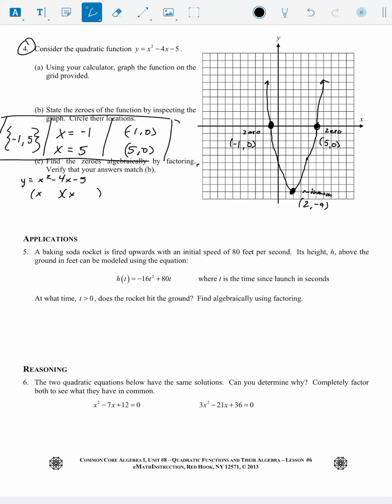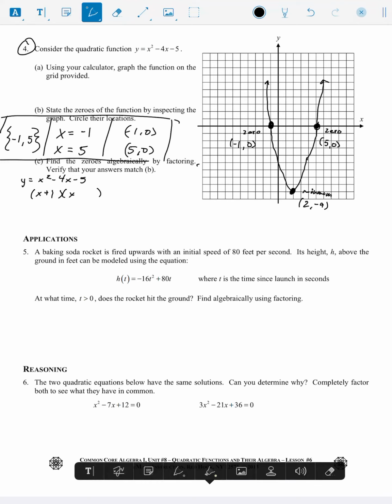Our zeros are -1 and 5. Therefore, our factors will be opposite the zeros we find. So I'll have a +1 and a -5.